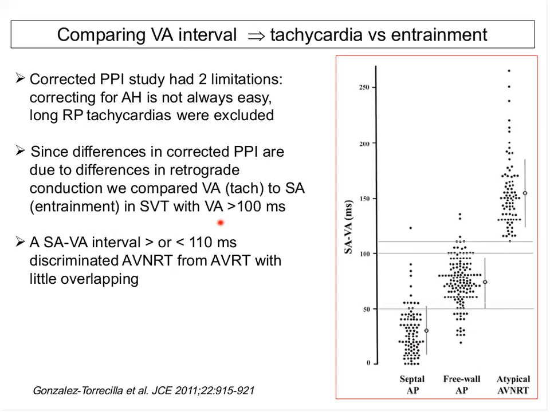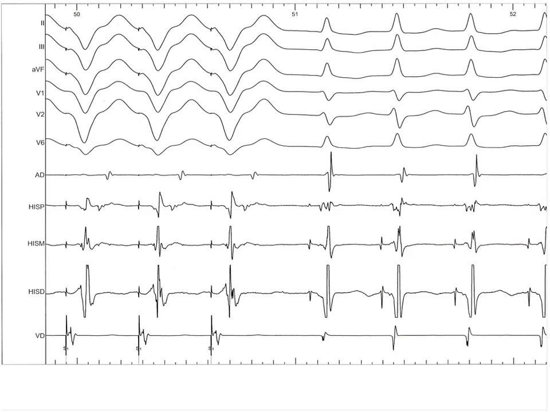Now, let me just show you this tracing, and I want you to now look at the post-pacing interval after pacing here during this narrow QRS tachycardia, and as it's written there, the PPI is 500, tachycardia cycle length is 320.